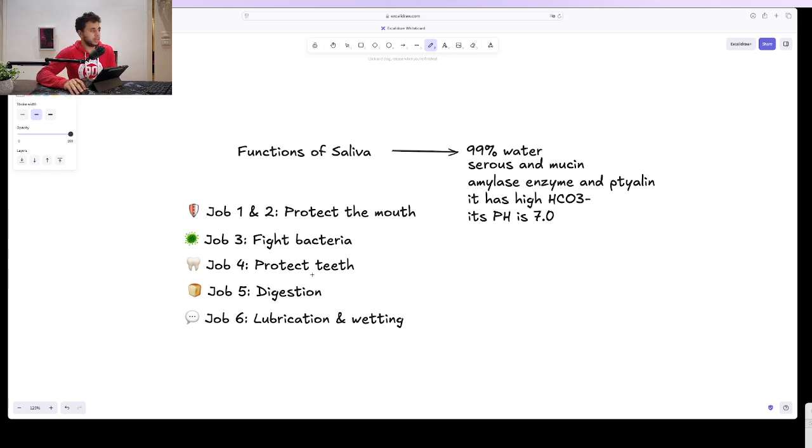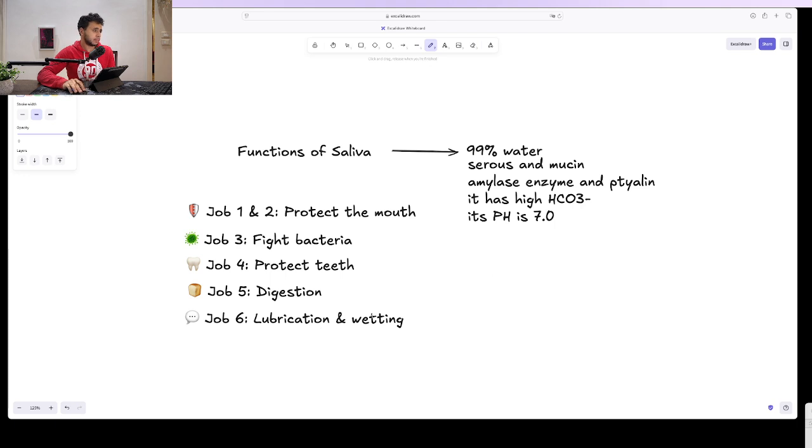Now, it protects our teeth in two ways. The first one is that it has a pH of 7, so it neutralizes the mouth and keeps it at a neutral pH, because the enamel is a very sensitive part of the teeth, and any acid will break it down, so it's important to have a buffer and a neutralized solution in our mouth.